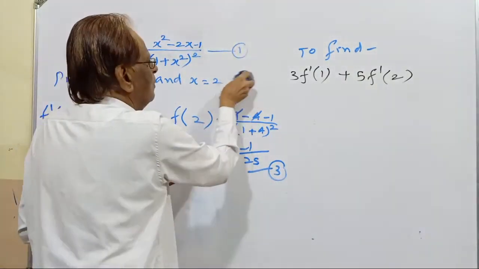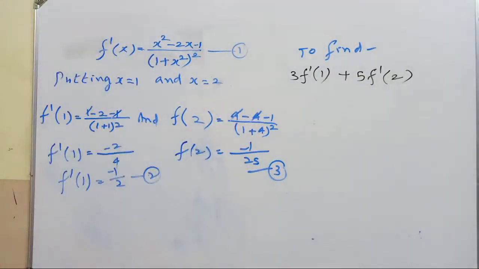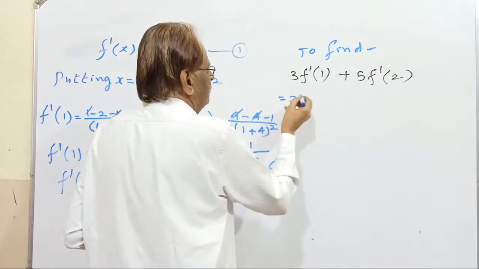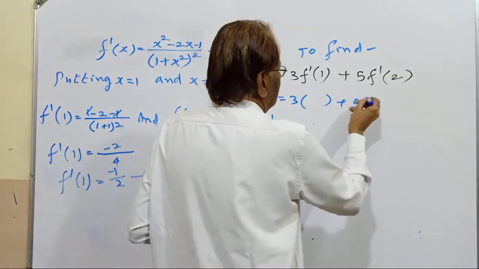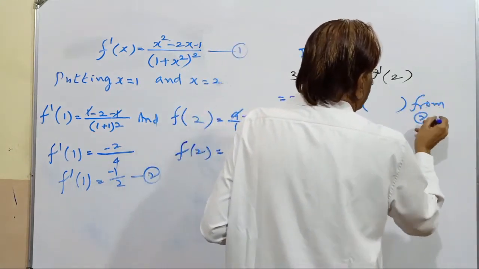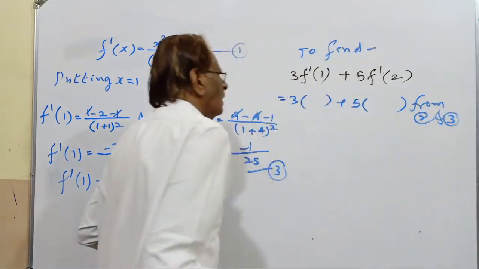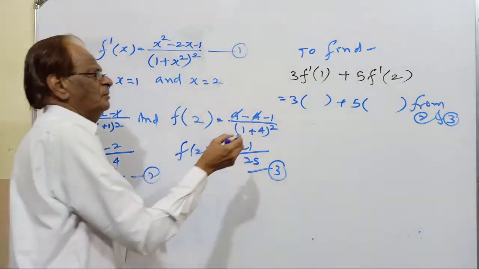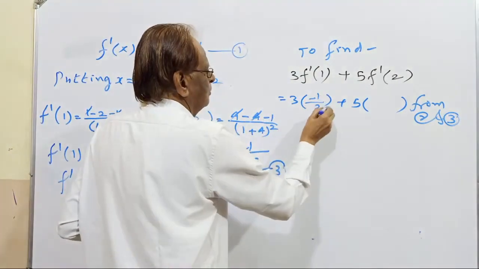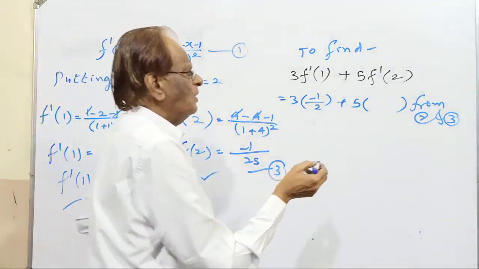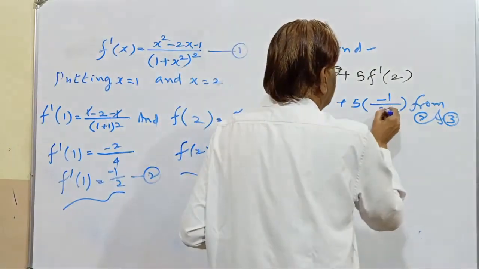The problem is to find 3 f dash 1 plus 5 f dash 2. F dash 1 is minus 1 by 2. F dash 2 is minus 1 by 25.